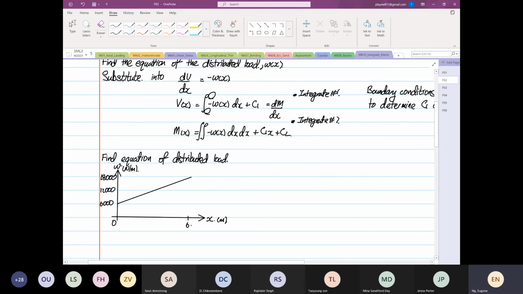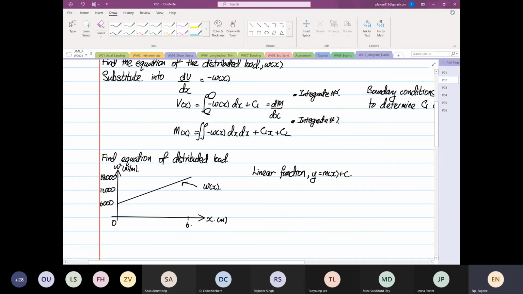So now this is where we have our omega as a function of x. We know it's a linear function. So this will be y equal to mx plus c.